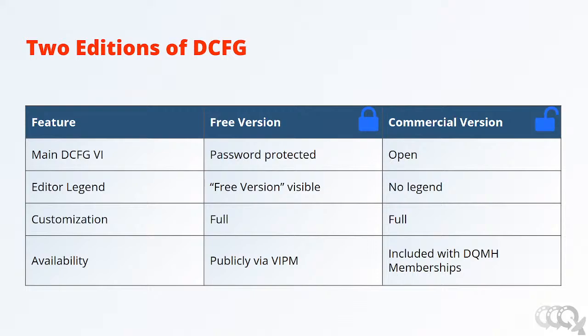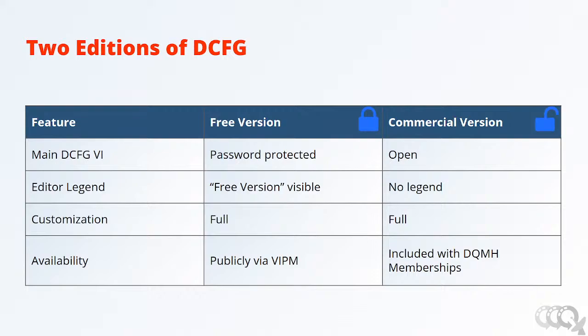With the commercial version, by purchasing a perpetual license, which is valid for your whole company, you will get the unlocked main VI of the DCFG UI module, and the banner will be removed, obviously. That gives you the flexibility to adjust DCFG to the full extent to your customers' needs and to your own needs.